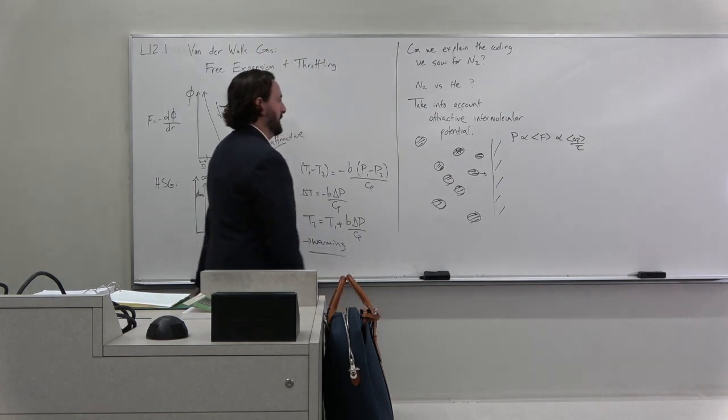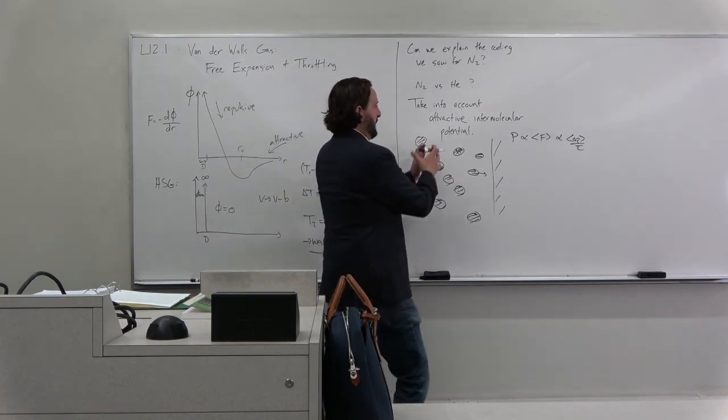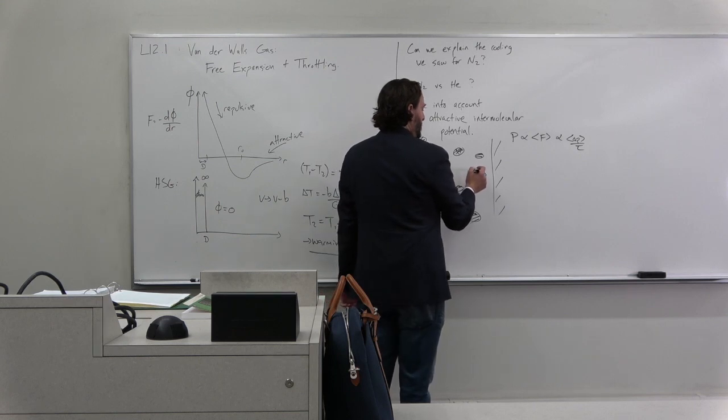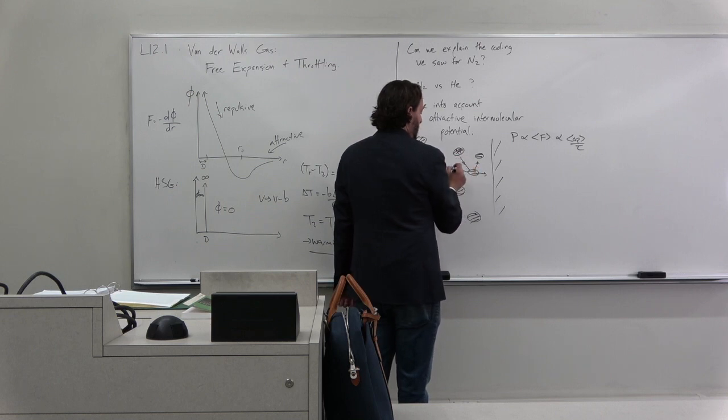Okay. So the way you can think about the attractive intermolecular potentials is you imagine this. Let's imagine this one feels a pull towards this one, and this one, and this one, and this one, and this one.